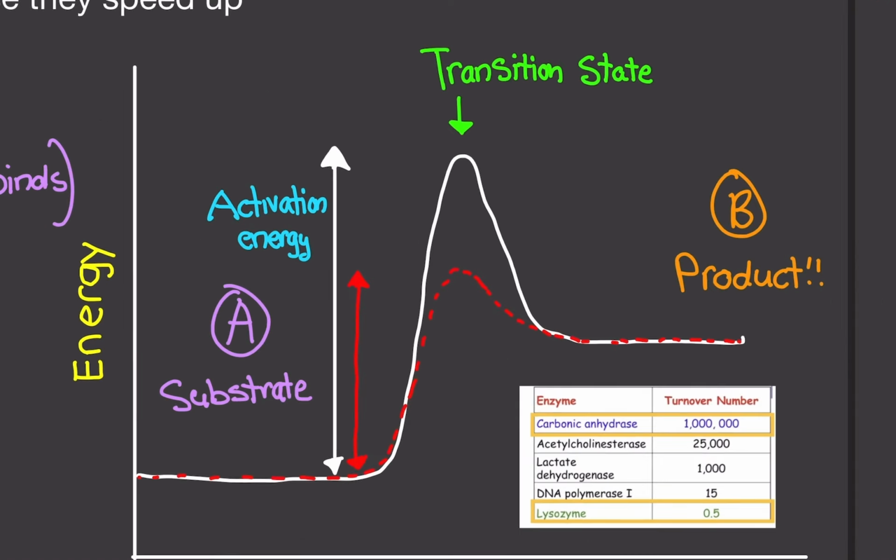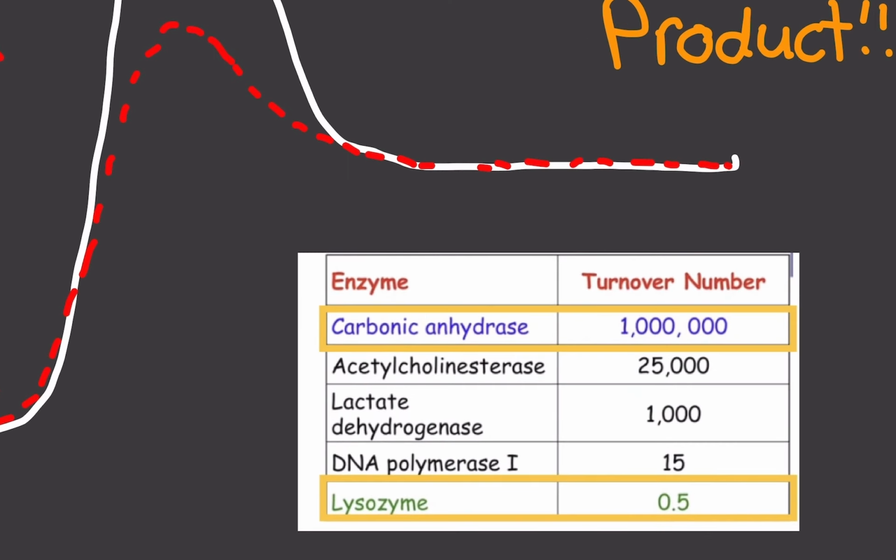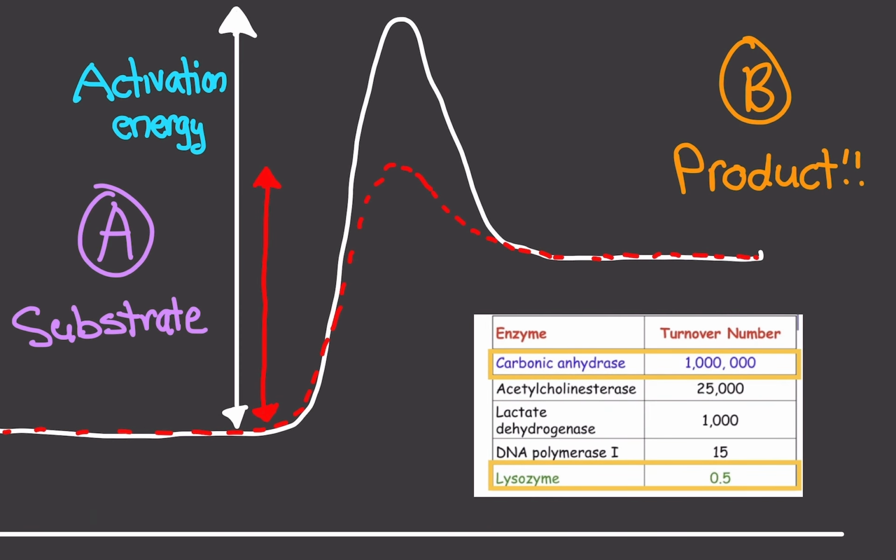So let's look at this graph here. Let's look at carbonic anhydrase with a turnover number of 1 million. Lysozyme has a 0.5 turnover rate. What this means is that per minute, we can use carbonic anhydrase and make 1 million products per enzyme unit.